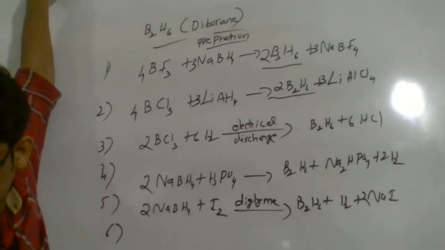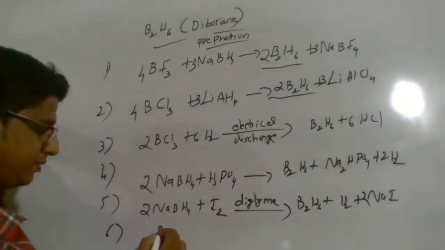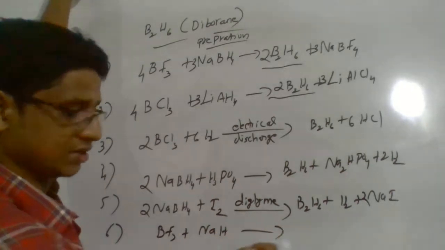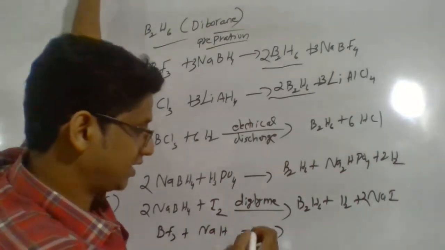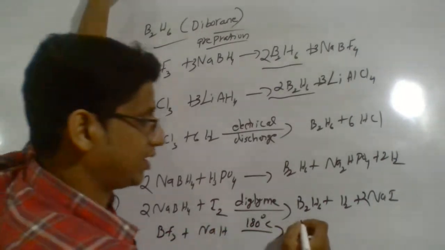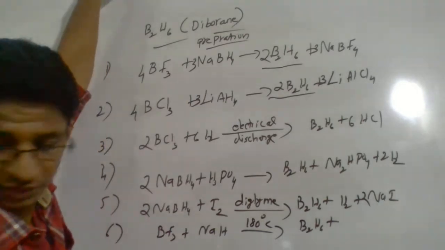Now the final method, this time from boron trifluoride, BF3, reacting with sodium hydride at a very high temperature, 180 degrees Celsius, to get diborane and sodium fluoride.